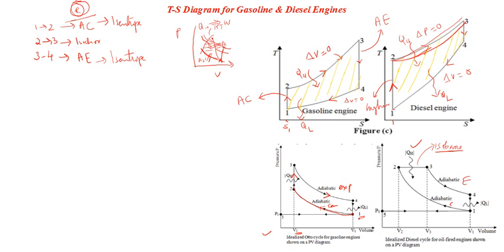Okay, so I hope it's quite easy for you by now to understand or interpret the TS diagram, provided you have the PV diagram, with which you are already familiar. So that is my suggestion for you. Whenever you are asked to draw the TS diagram for a particular engine, say a Carnot engine, a petrol or gasoline engine, or a diesel engine, always have the PV diagram with you, and it's always advisable that you convert each process into the corresponding process in the TS diagram.